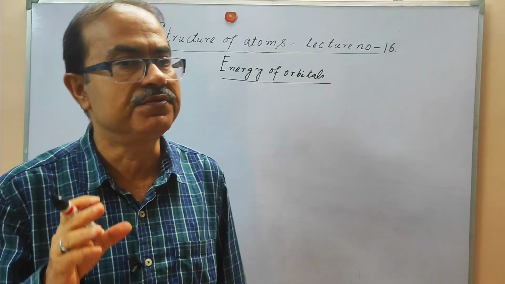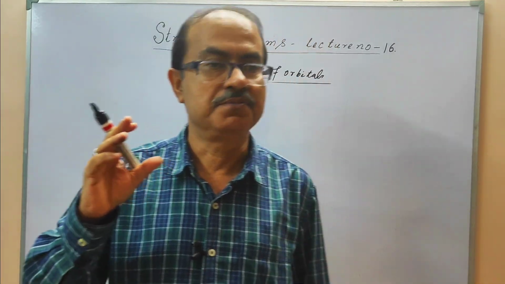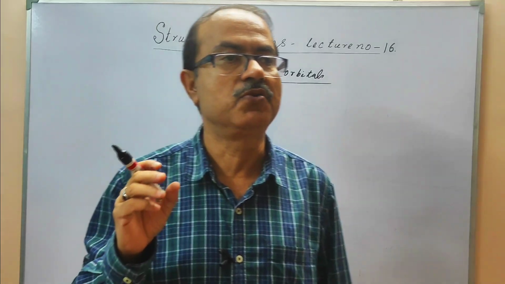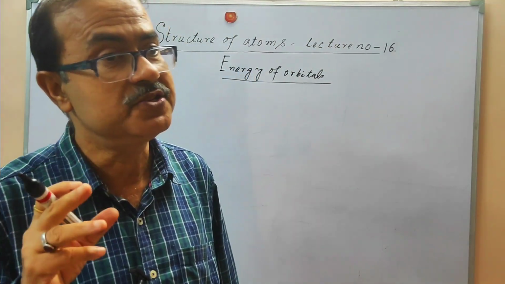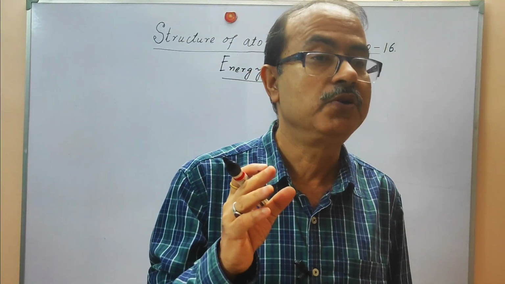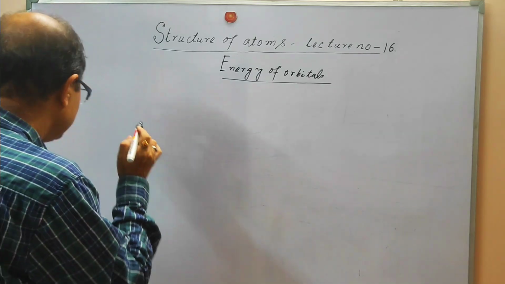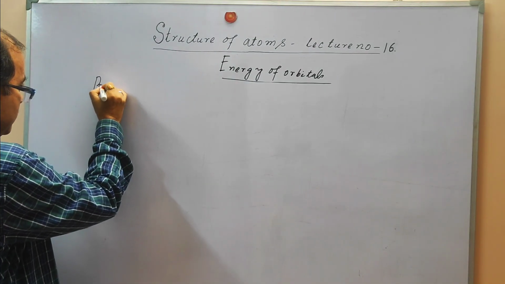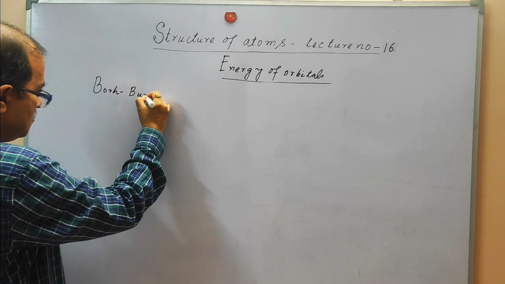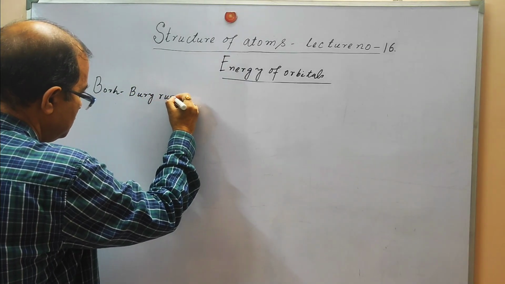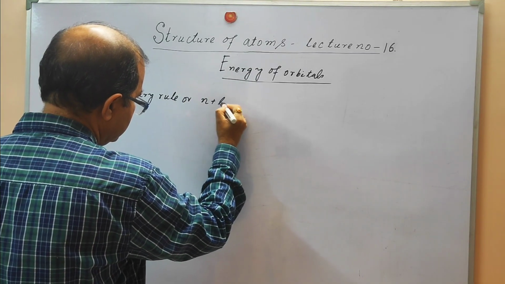That is because of the different screening effect of the orbitals of the different subshells, which have different shapes. Due to their different shapes, they screen the positive charge or the electrons at different levels. Now we understand the Bohr-Bury rule, or the n plus l rule.